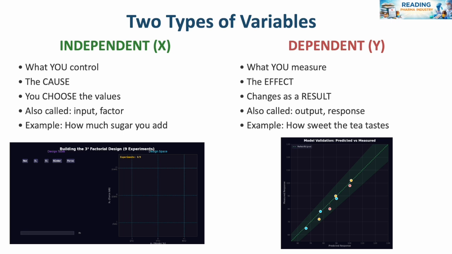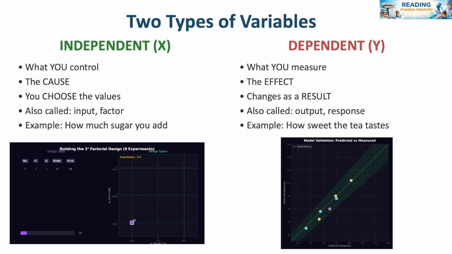The dependent variables, which in this optimization series we refer to as Y, are the ones you measure. They are the effect that you want to measure. They change as a result of what you did. In the same example, how sweet the tea is, that means the taste, is the dependent variable, and that depends on how much sugar you added.